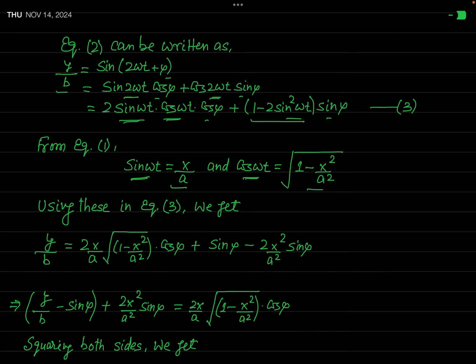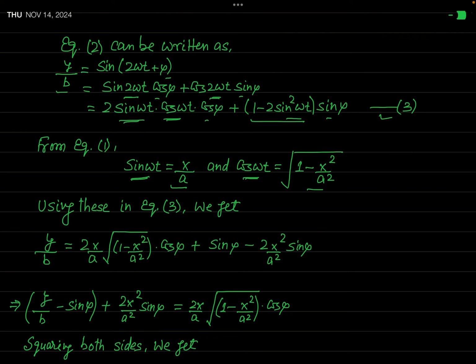If you substitute these values in this equation 3, then equation 3 will become free from the variable t, and we will get a relation between the two coordinates x and y, which is called the equation of trajectory.